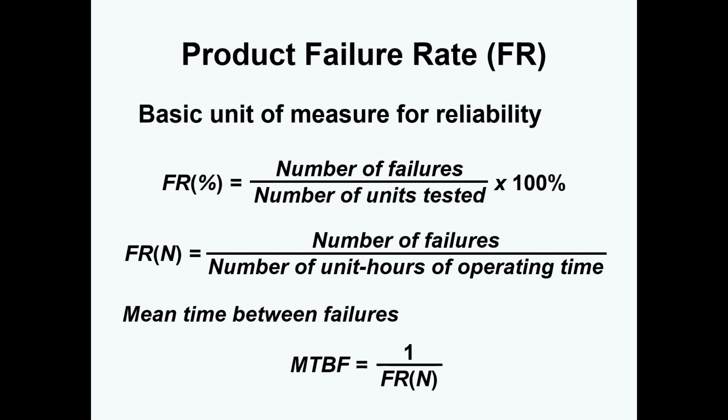So now we have the failure rate in percentage and the failure rate in number. From that we can calculate the mean time between failures, which will equal 1 over the failure rate, the one with numbers. So that will be the mean time between failures.